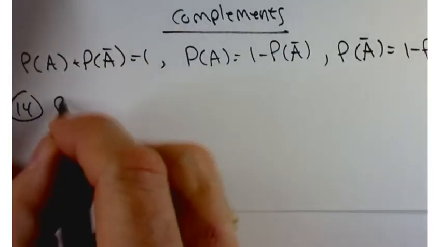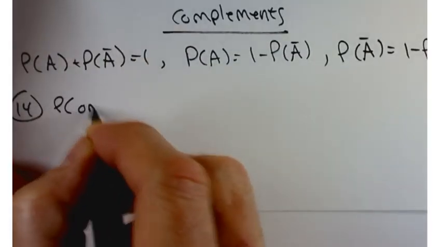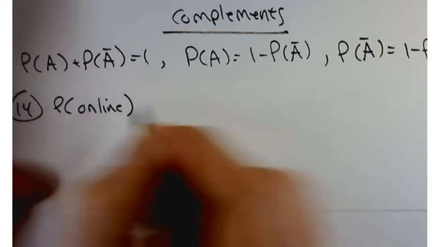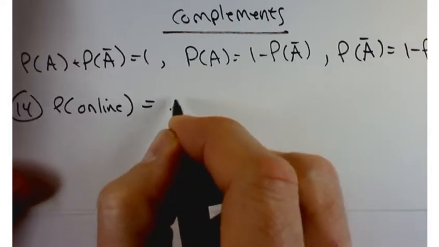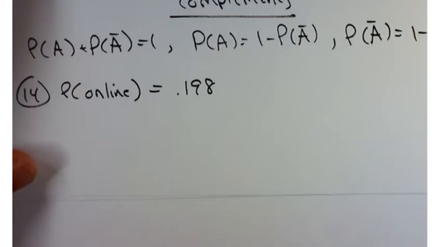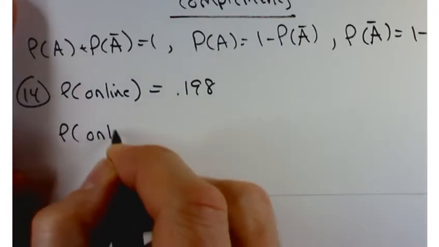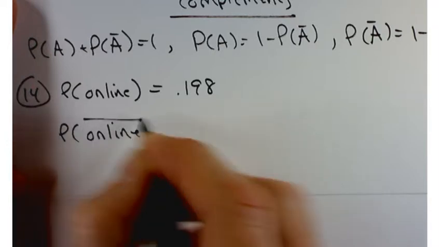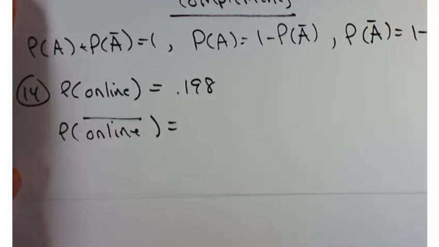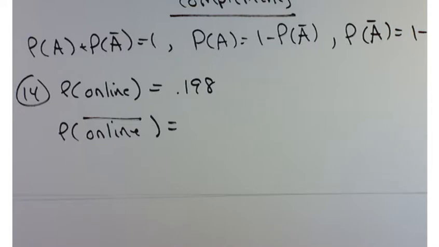So the probability of finding somebody that takes an online class, at least one, is 19.8%. Let's call that 0.198. What they're asking for is the complement of this, the probability that they're not online. How would I find that probability? 100% minus 19.8%.